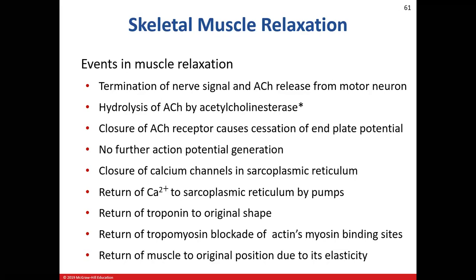This then allows us to close the channels in the sarcoplasmic reticulum, which allows our calcium to be returned back into the terminal cisternae. It causes the troponin molecule to return to its original shape. It causes the tropomyosin to go back to blocking the myosin binding sites, and it allows the muscle then to return to its original position due to the elasticity of the muscle.